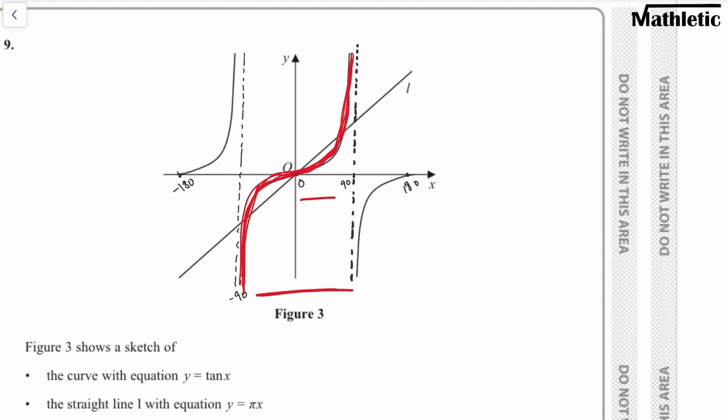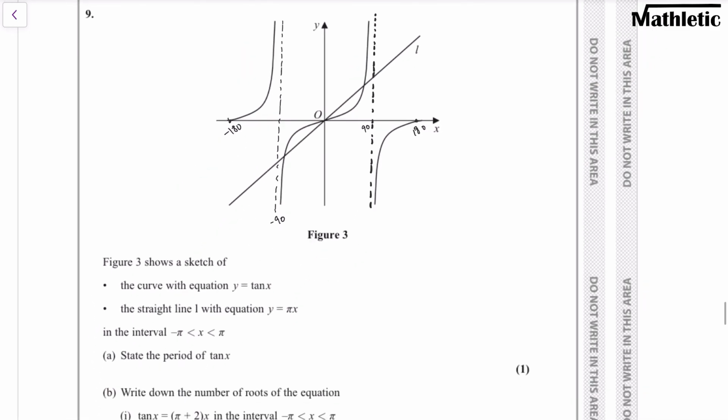It takes about 180 degrees, plus 90, minus 90. If you add them up, you have a gap of 180. So this 180 is the period of tan, as in one complete cycle. Since the values are given in radian mode, I need to write pi. Pi is equivalent to 180 degrees in radian mode.